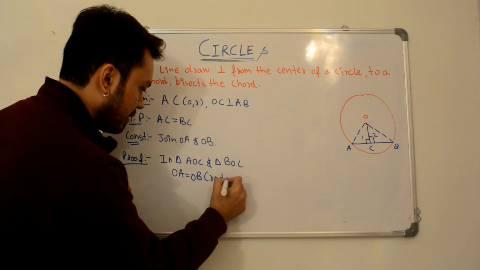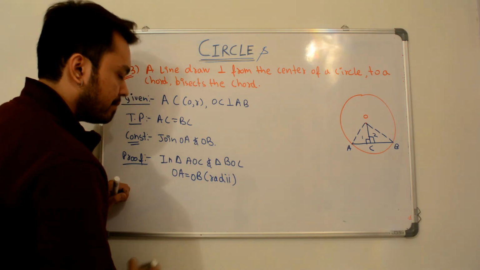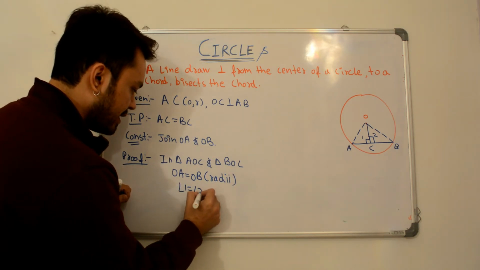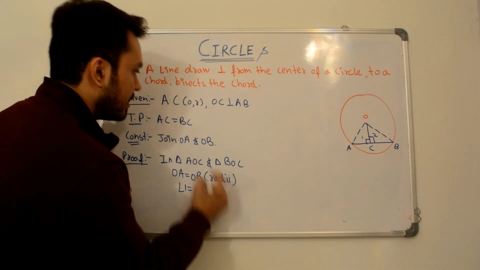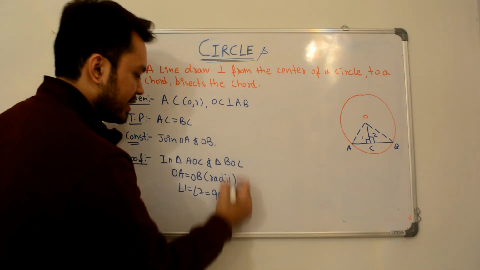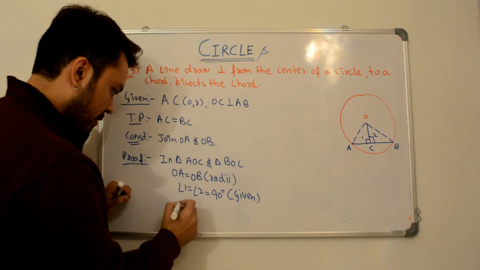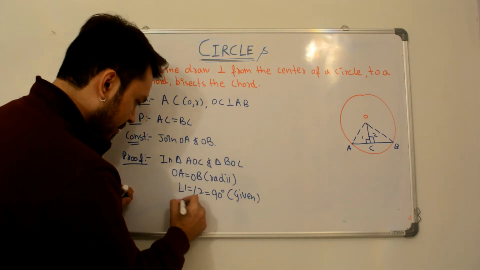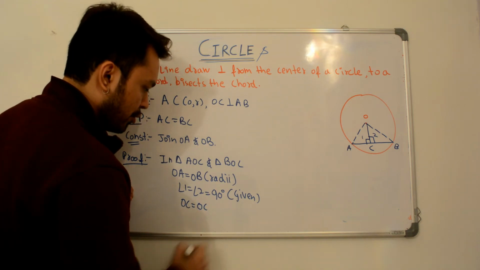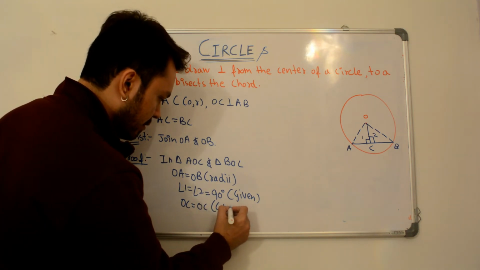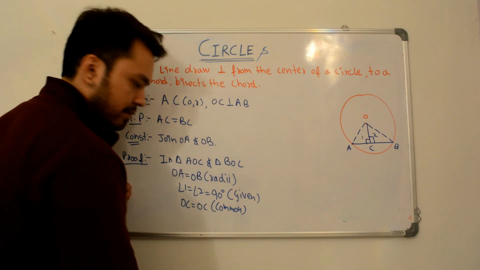Why? They are radii of the circle. Angle 1 is equal to angle 2, 90 degrees. That is given to us. Now OC is equal to OC. Why? That is the common side.